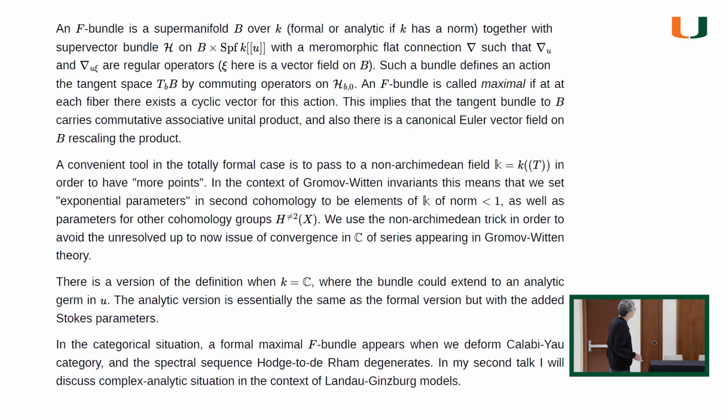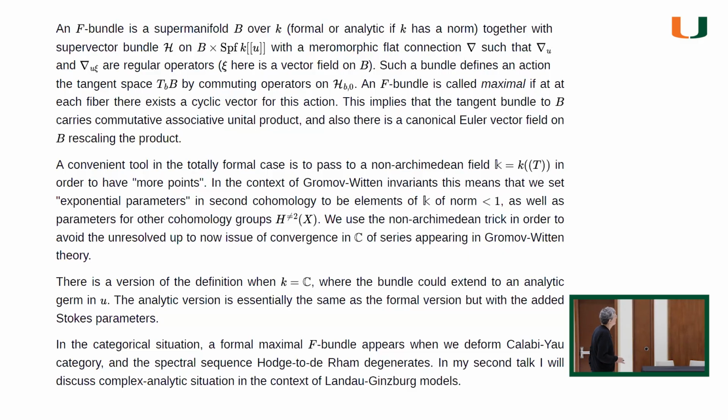And you have a super vector bundle on your supermanifold, lifted by a formal line with coordinate u, with a meromorphic connection such that it has a second order pole along u. Then u squared d/du will be a regular operator without poles, and u times a vector field will also be a regular operator and give a vector field on the base.